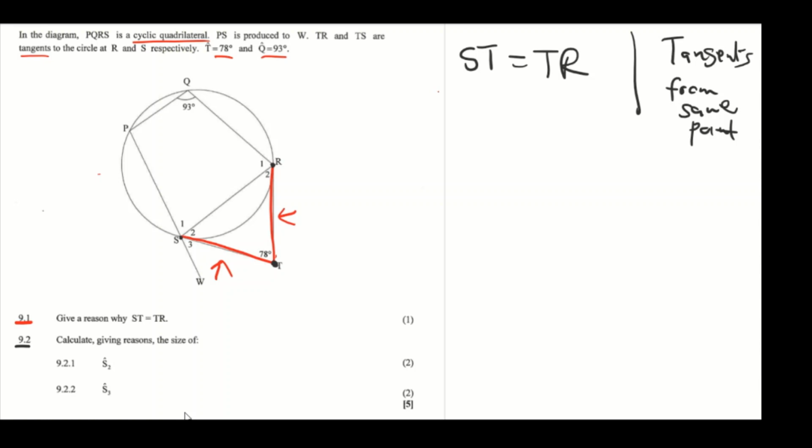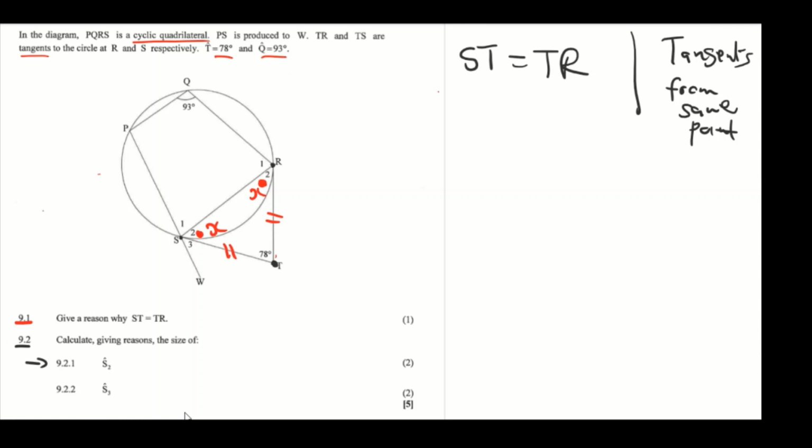Anyways, 9.2 says calculate with reasons the sizes of the following. So 9.2.1, we are asked to find the size of S2. S2 is this angle here, and since we just proved in the previous question that this tangent here is equal to this tangent here, it's an isosceles triangle, meaning the base angles are equal. So if this is x, this is also x.